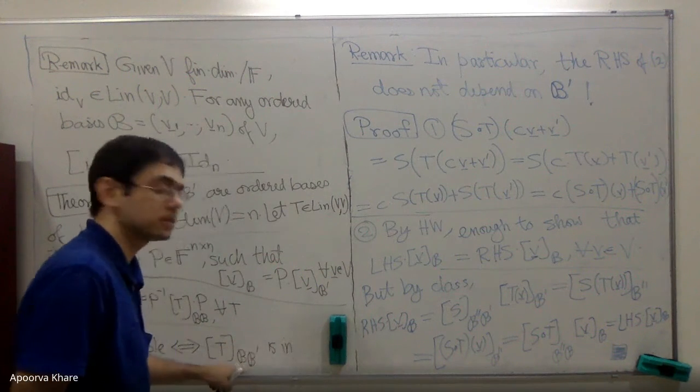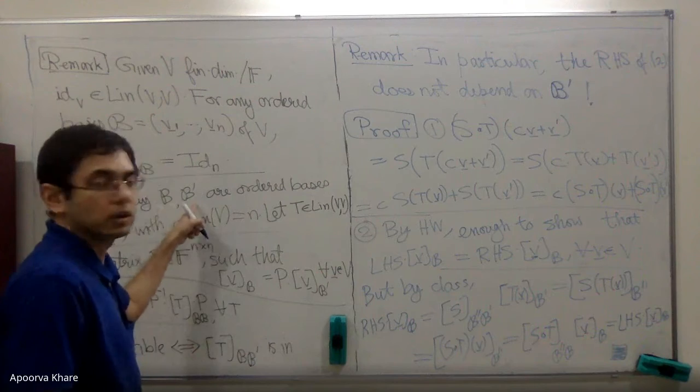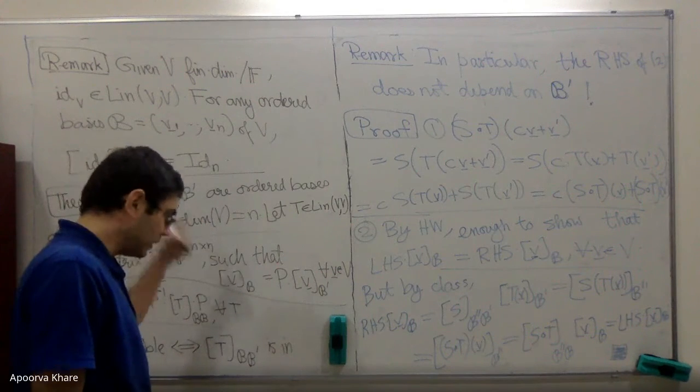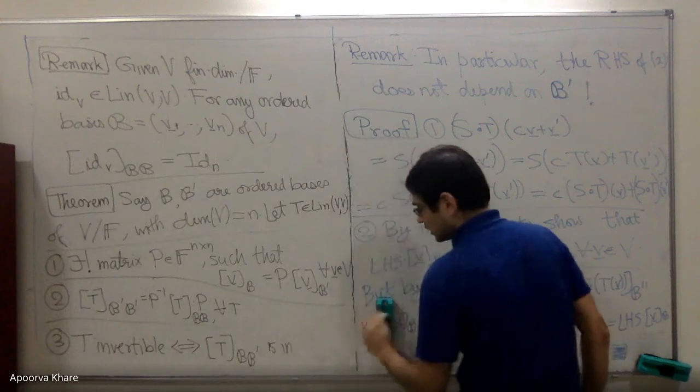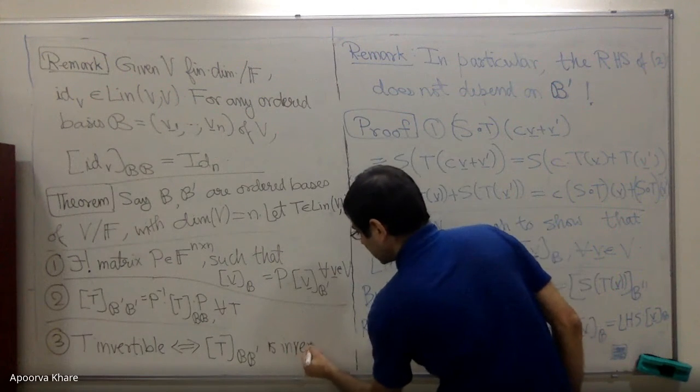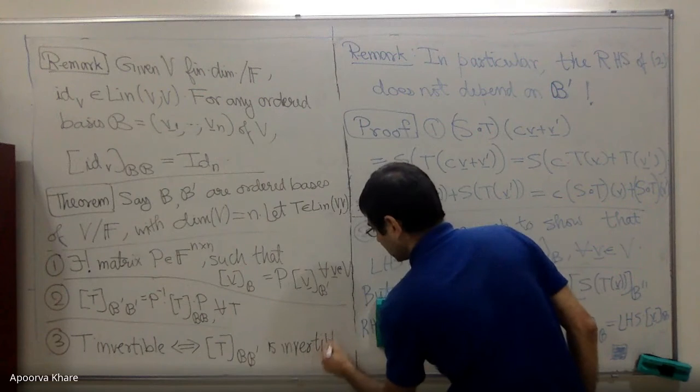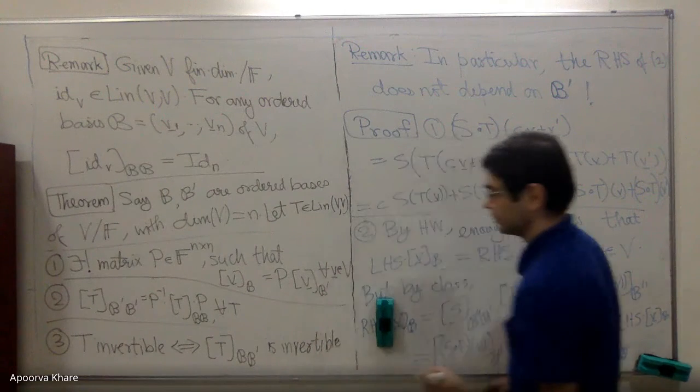I chose these bases arbitrarily. So you take any basis B and any basis B dash, and if with respect to those two bases the matrix is invertible, then T is invertible. That is the theorem.